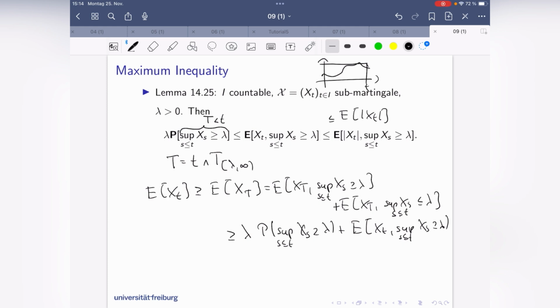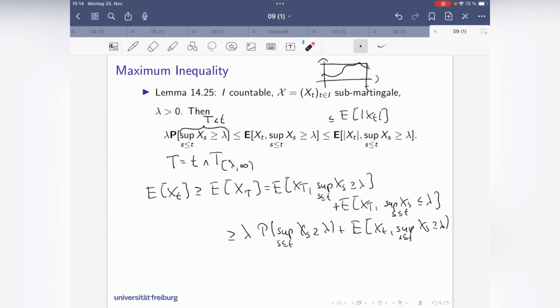And now all I have to do is subtract this from both sides, where I end up with this expectation on the other set, the supremum of X_s less than lambda. Here I have exactly the right-hand side. Wait.